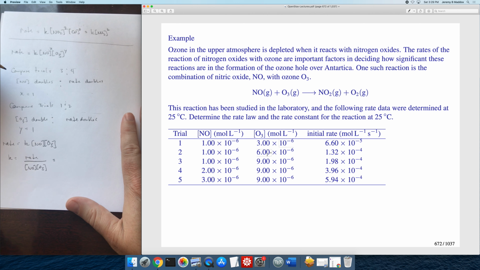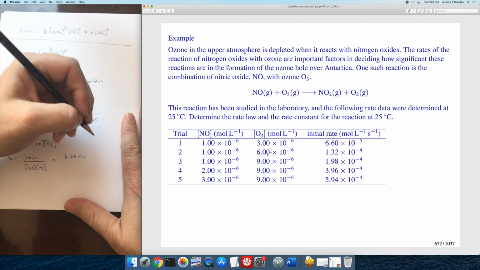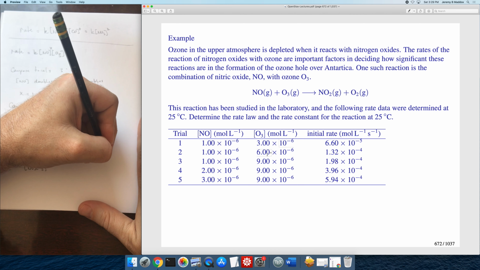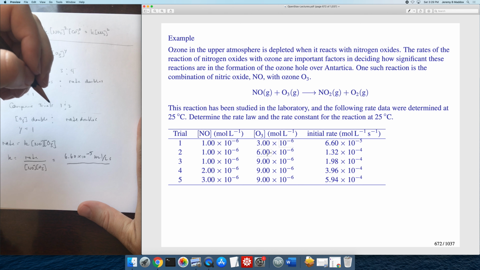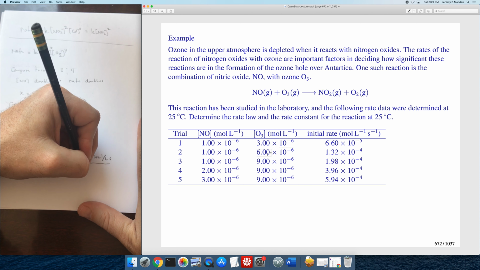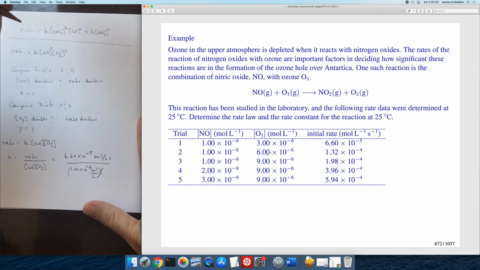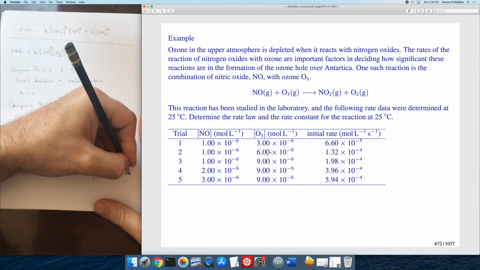I'm just going to go ahead and take trial 1. So we've got 6.60 times 10 to the minus 5 moles per liter per second, divided by 1.00 times 10 to the minus 6 moles per liter times 3.00 times 10 to the minus 6 moles per liter.